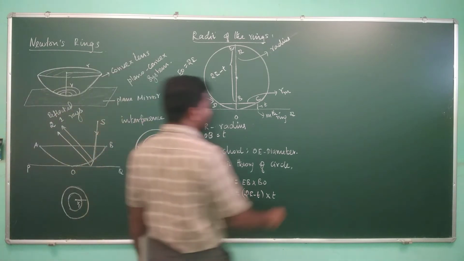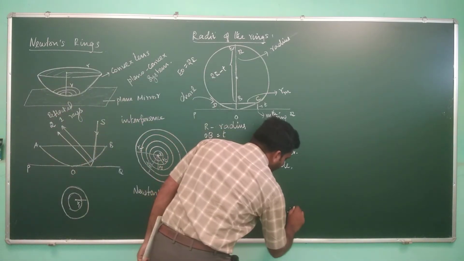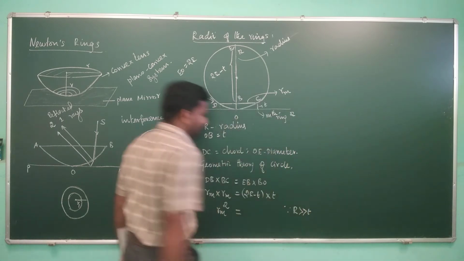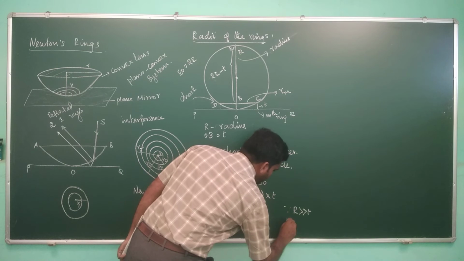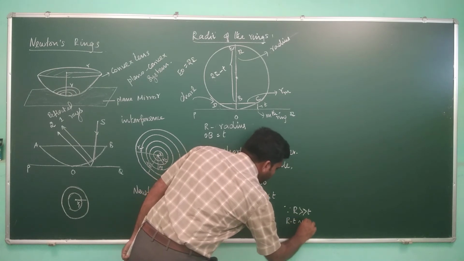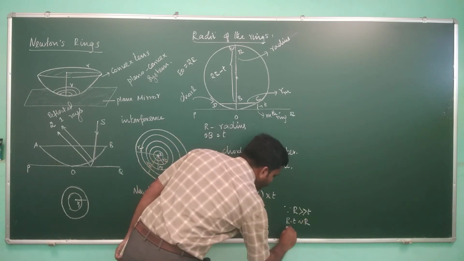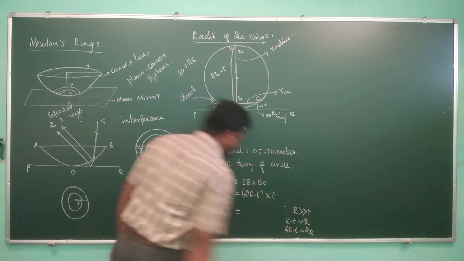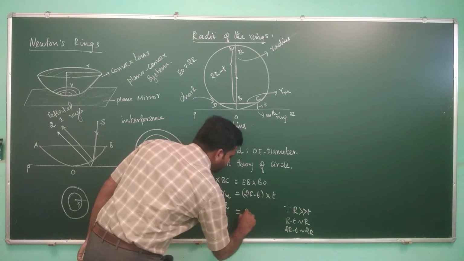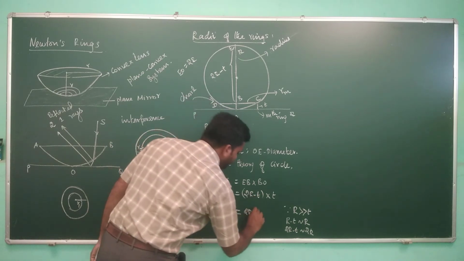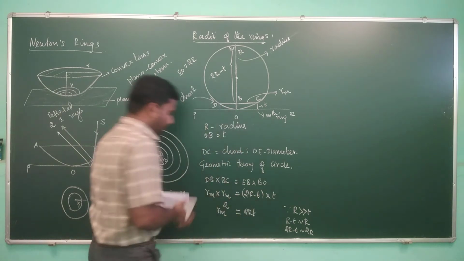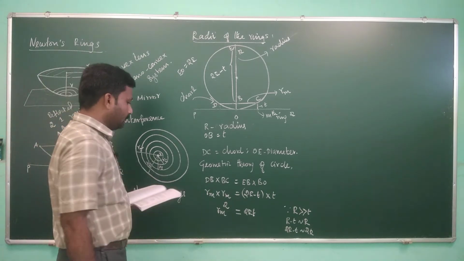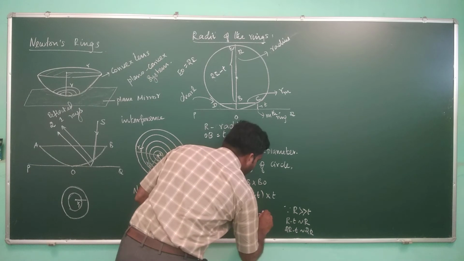So when compared with R, the thickness will be very, very small, so that you can take R minus T equal to R, so that 2R minus T also you can consider as 2R, so that 2R multiplied by T, it is RT. Fine. So this you can say equation number 1.